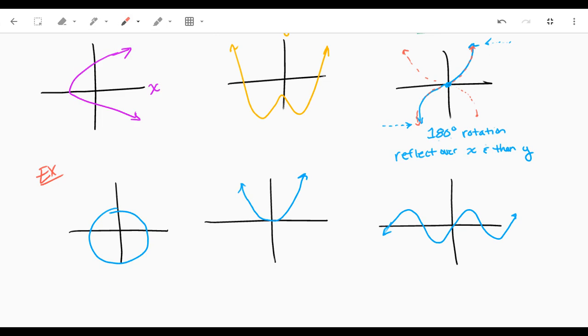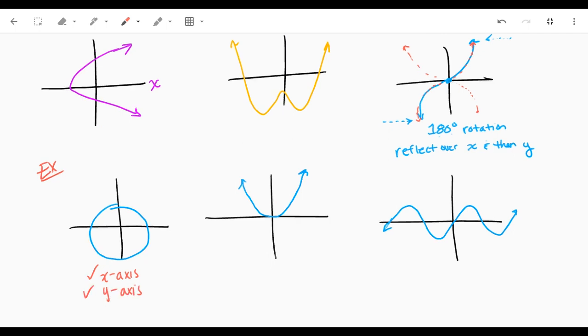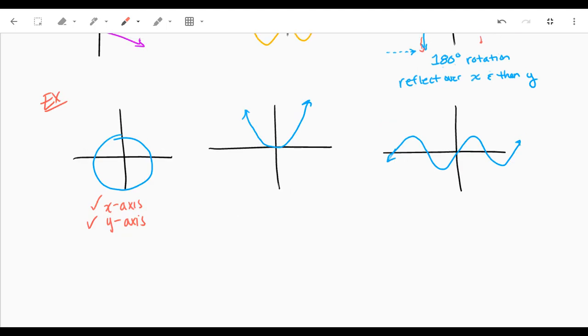Yes, the x-axis is the line of symmetry. They have little check marks here, so they ask you to check all of them. So your x-axis is a line of symmetry here. Your y-axis is a line of symmetry here. Okay. Since both are lines of symmetry, it is going to be symmetric over the origin also.